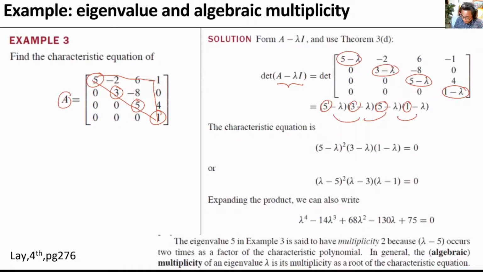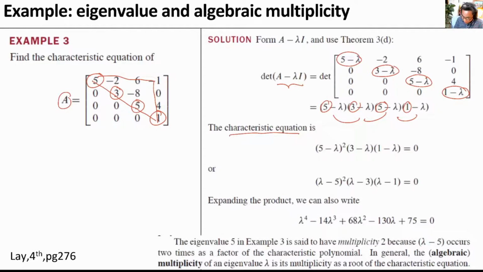We can then write the characteristic equation very quickly, collecting (5 minus lambda) squared, because there are 2 eigenvalues that equal 5, times (3 minus lambda) as well as (1 minus lambda).